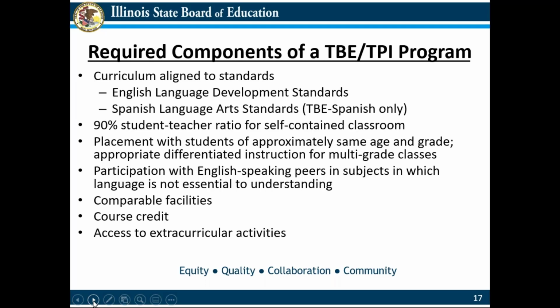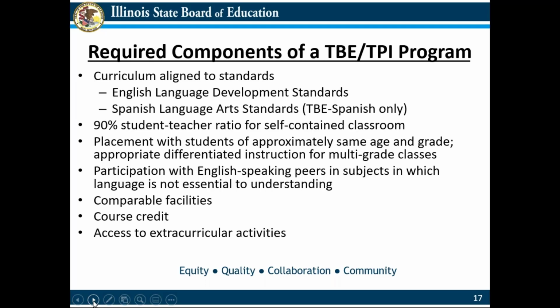Also, the facilities must be comparable to those that the gen ed students have. So let's say there's a big classroom for the gen ed students, that should also be available for the EL students. EL students should not be placed in a small little closet when the gen ed students have a really big classroom or facility.